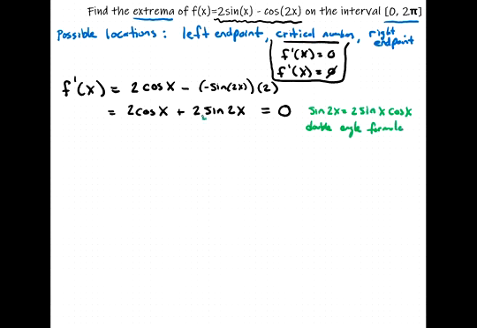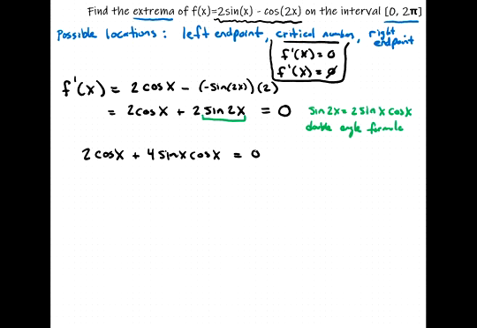So we could apply that to the sine of 2x here. So we'll have 2 cosine of x plus, well, we already have a 2 here, and there's a 2 from the double angle formula. So 2 times 2 is 4. So we'll have 4 sine of x cosine of x is equal to 0.